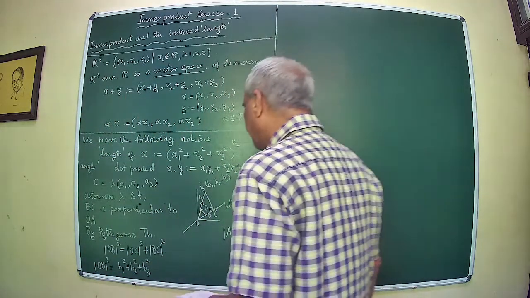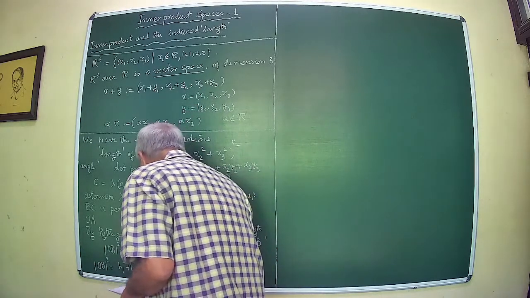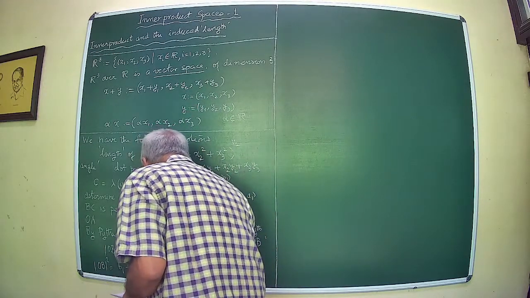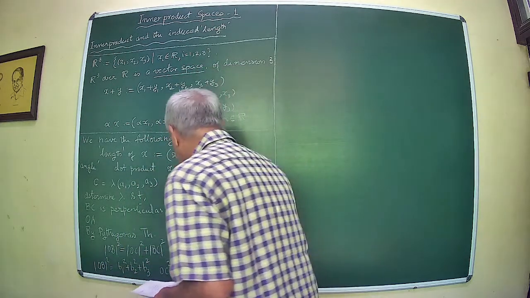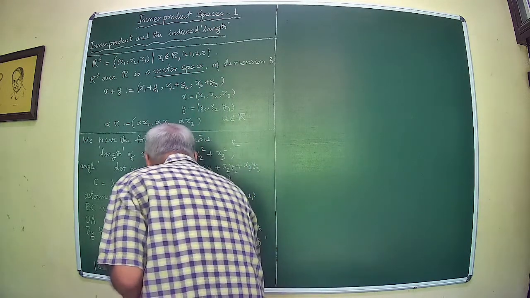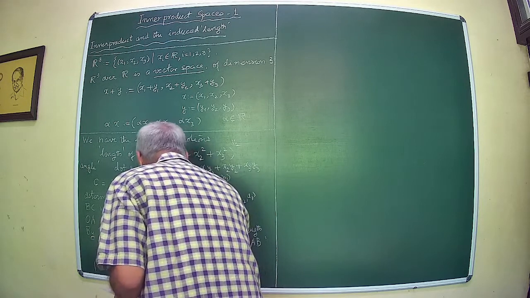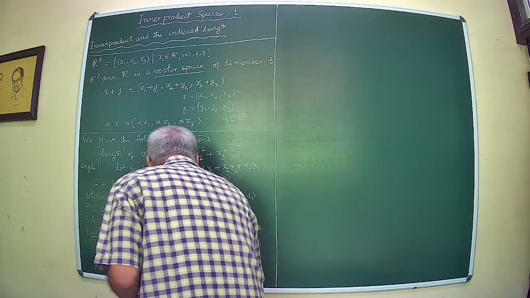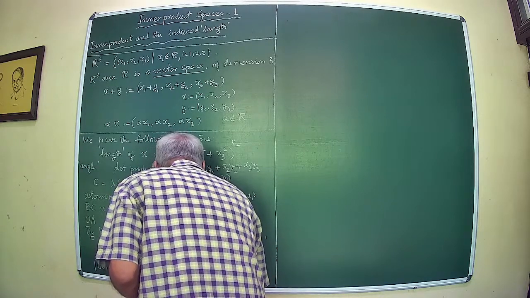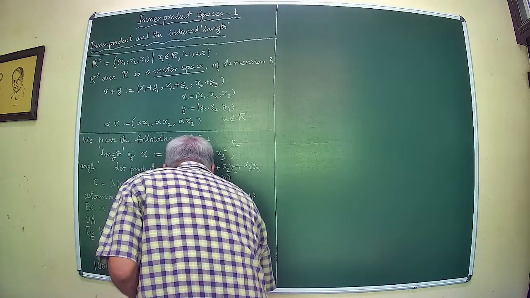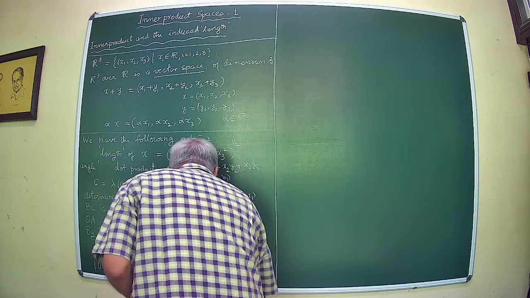Now OC square we don't know. OC square is essentially lambda square into A1 square plus A2 square plus A3 square.